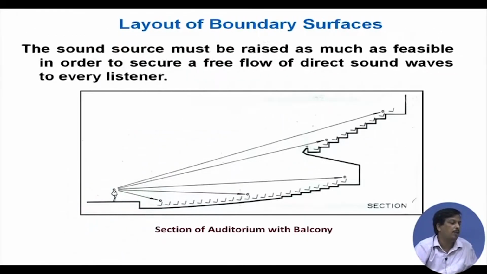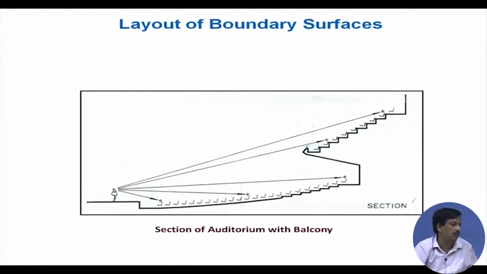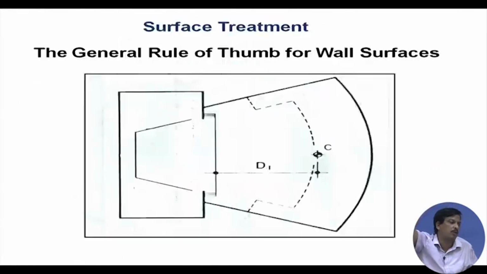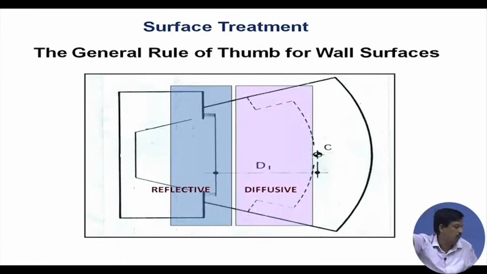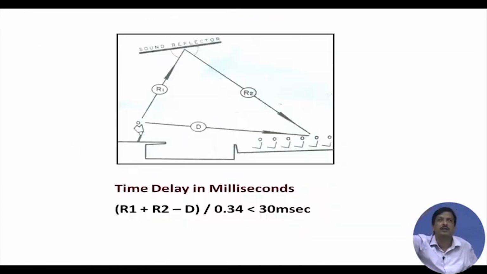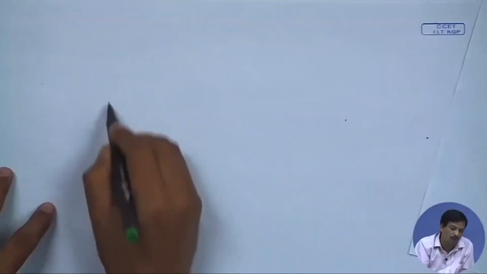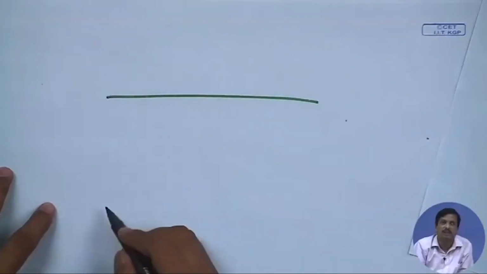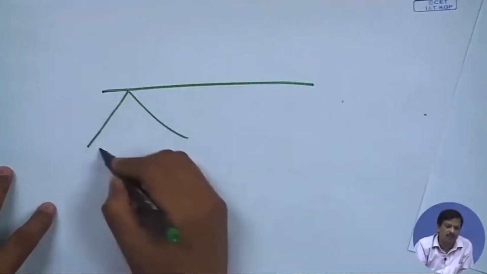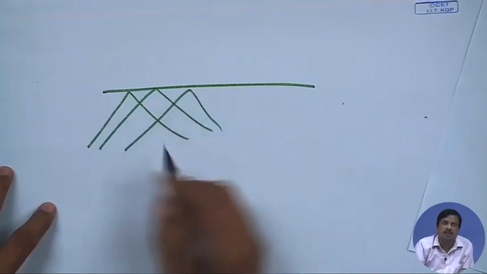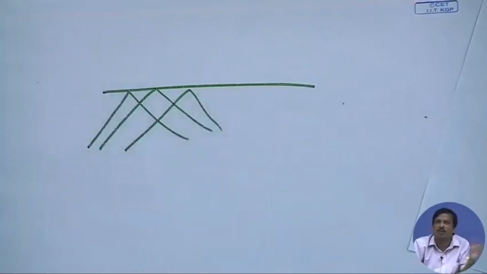Okay. So, how do you do it? The top surface of the auditorium must not be just a plain ceiling. If I put a plain ceiling, what will happen? It will not create equal reflection to all parts of the auditorium.